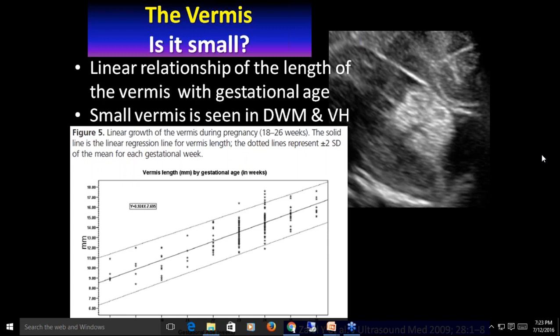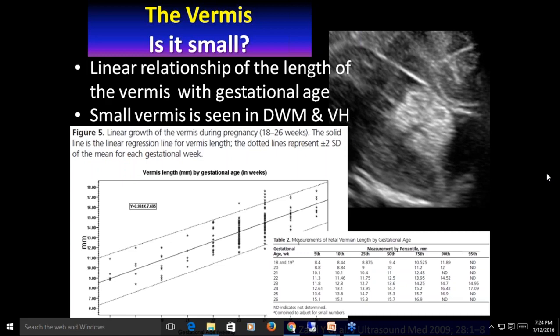There is a linear relationship of the length of the vermis with gestational age. As gestational age increases, so does the length of the vermis. I just want to remind you that this is important because there are conditions such as Dandy-Walker malformation and vermian hypoplasia in which the vermis, a small vermis, is seen.